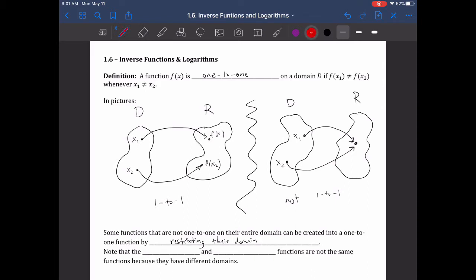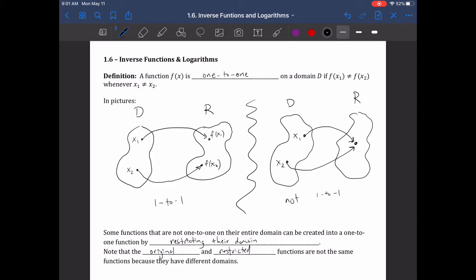So like this one up here, I might chop this part of the domain off by saying, oh, it's only from 0 to infinity instead, and then suddenly it becomes 1 to 1. Okay, so we can do something like that where we're going to restrict it and get it to be a one-to-one function. Note that the original function and the restricted function are not the same functions because they have different domains. Okay, they're not exactly the same.